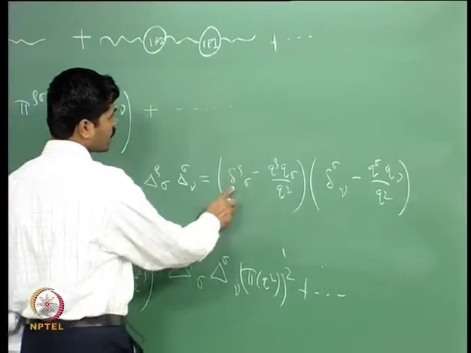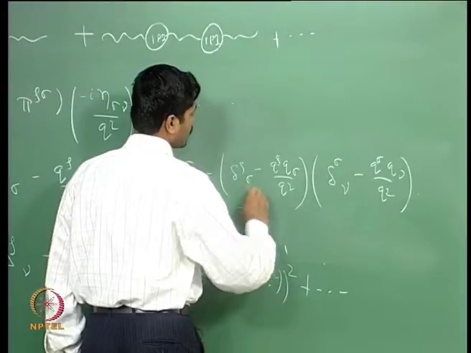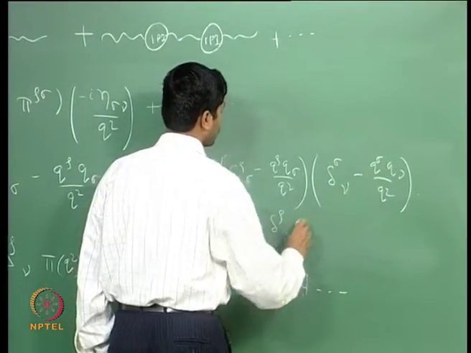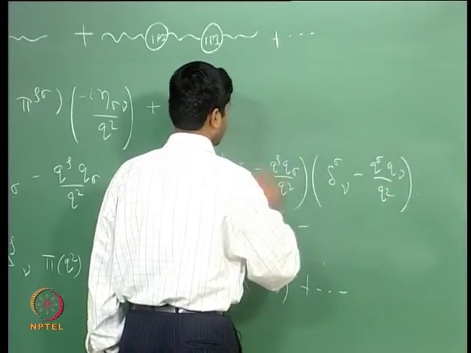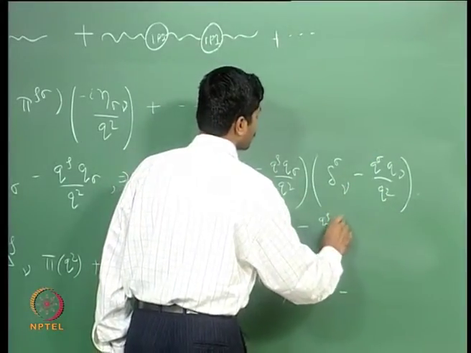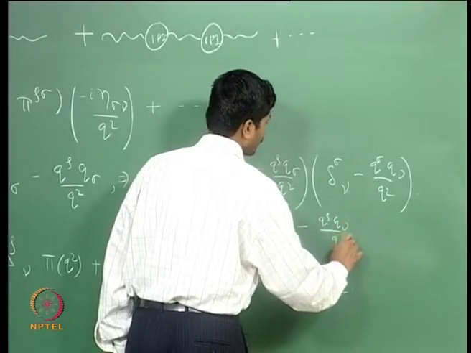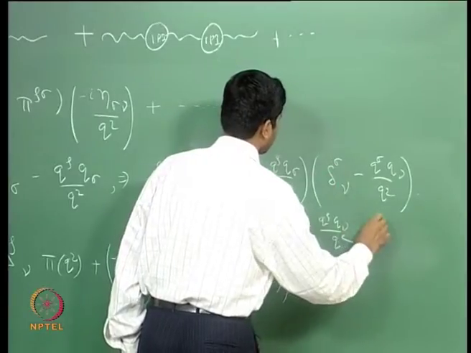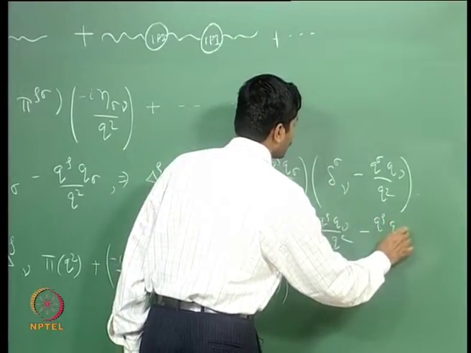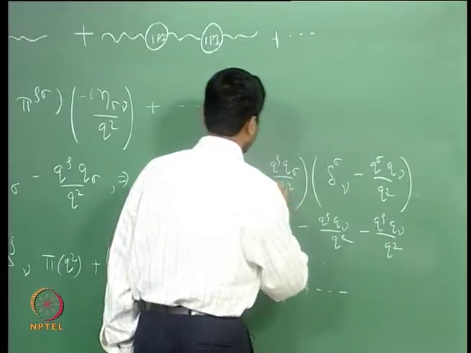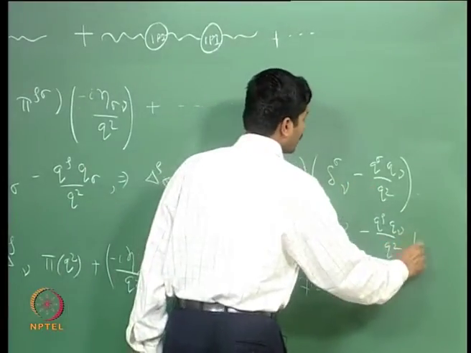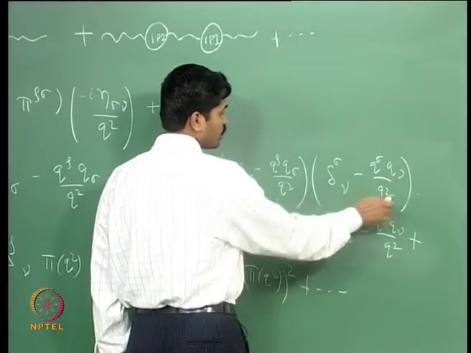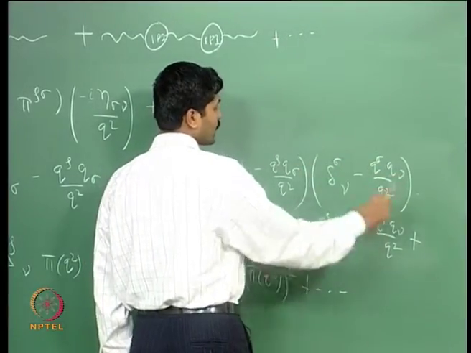The first term when it multiplies here gives me a delta rho nu, the second term minus q rho q nu divided by q square, this term here minus q rho q nu divided by q square, and the last term here plus q rho q nu, again there will be 1 over q fourth here, but q sigma is again q square.